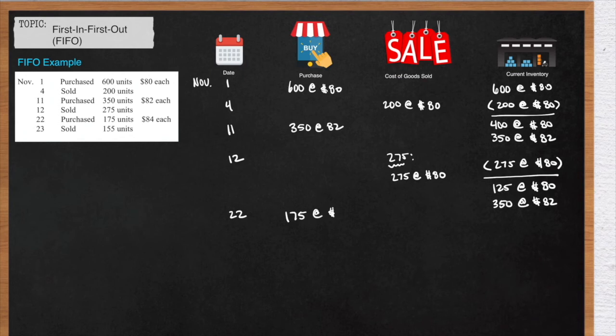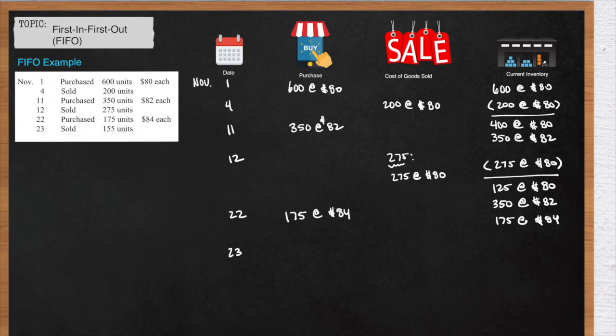So I'm going to put that in the purchases column. And remember, always update the last column because you're updating your inventory. So I'm just going to add the 175 units at $84. And those are all our units thus far. They're all valued at 3 different costs, but that's how you've got to keep track.